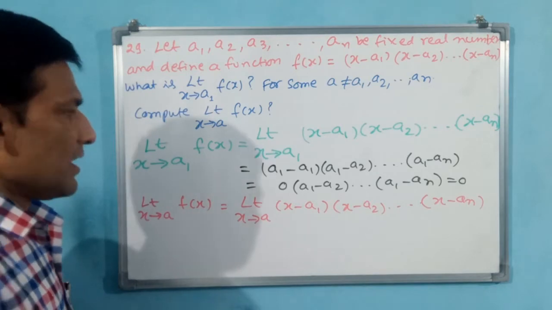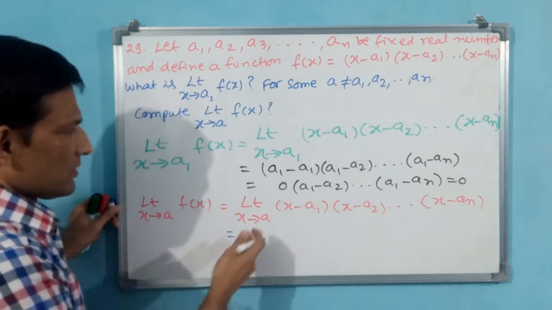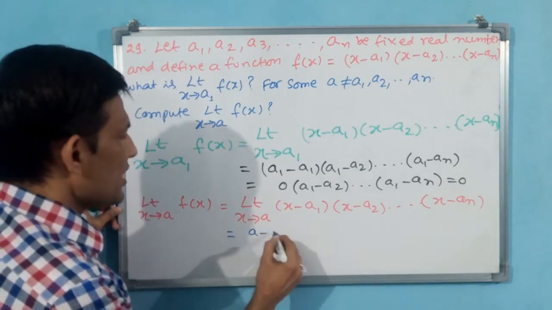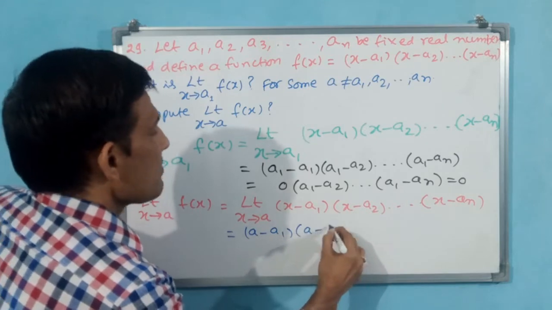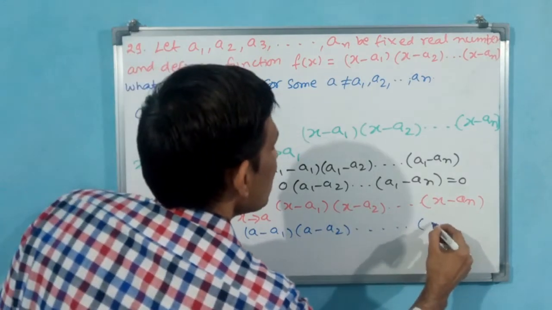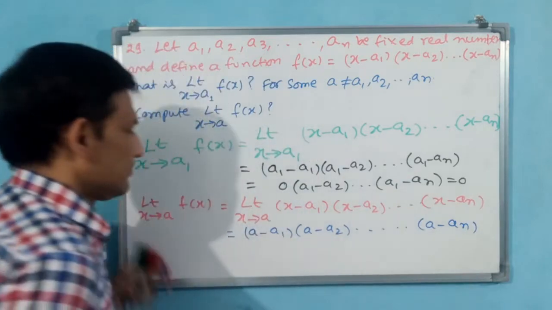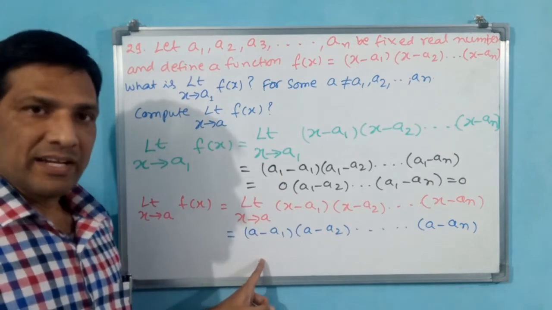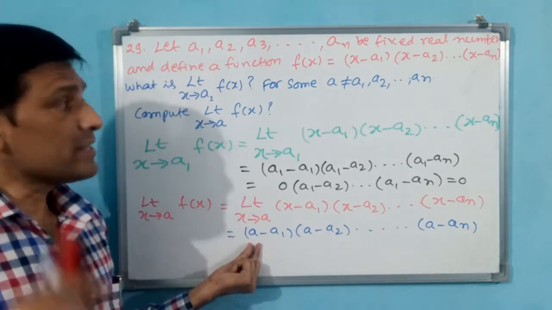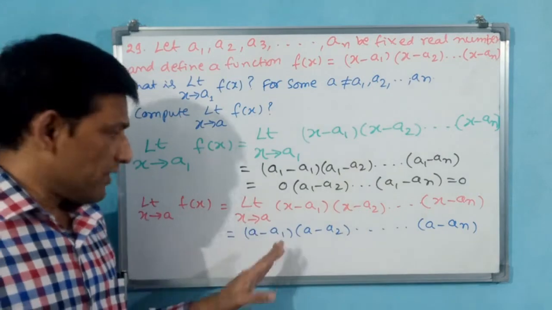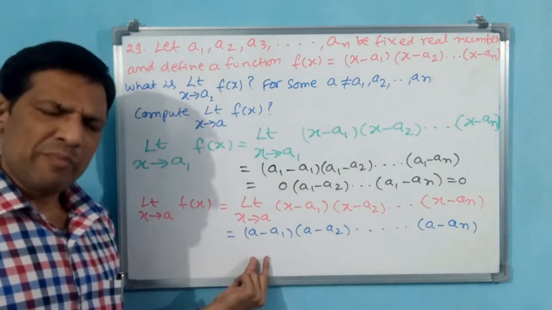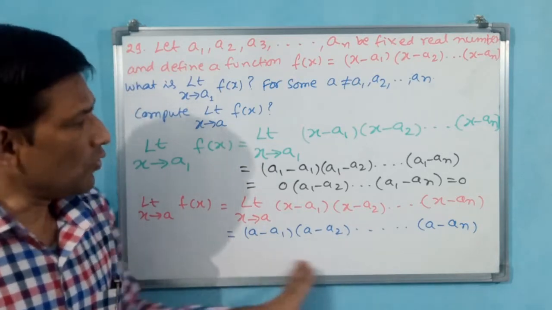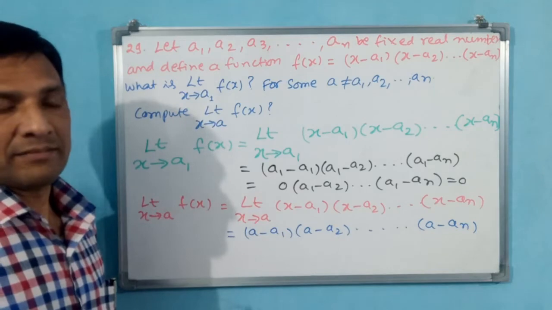Now substitute: a minus a1, a minus a2, a minus an. Now see, unlike earlier, equal terms are not there here. We don't know what a is. Definitely they have given a is not equal to this. When not equal, some value will come, whether it may be minus or plus, we don't know that value. Then there is no 0. You have to keep it like this only. This is the answer.